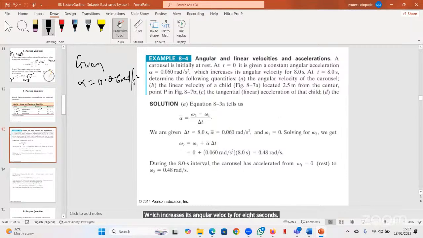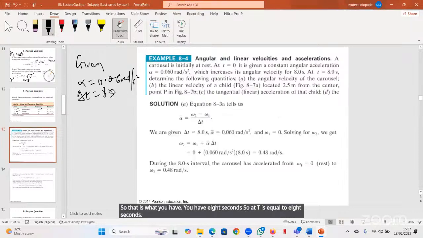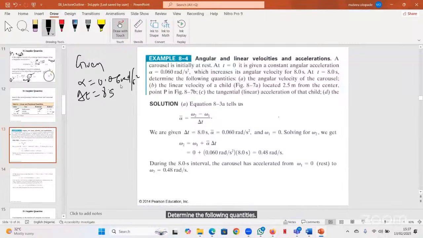That means the change in time is 8 seconds. So at t is equal to 8 seconds, determine the following quantities. A, the angular velocity of the carousel.